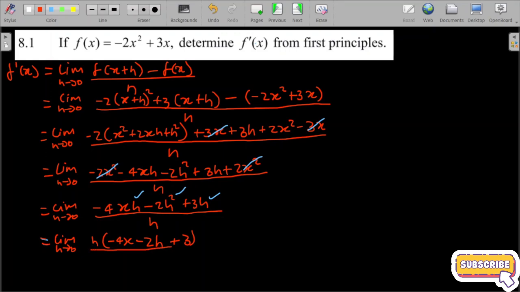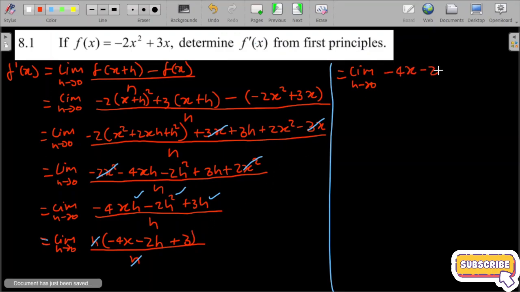Then from here, all over what? All over h. Now I hope you can see now that this h is going to be cancelled by this h. Now I'm going to be left with the limit as h approaches 0 of negative 4x minus 2h, and then plus 3.